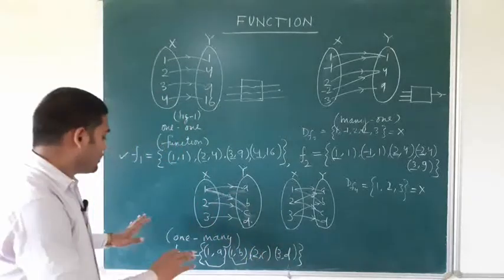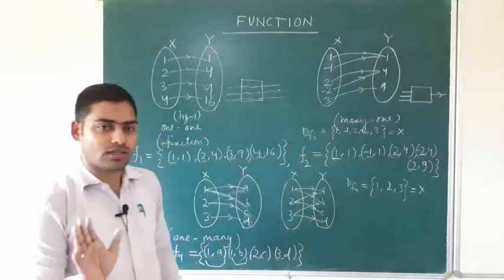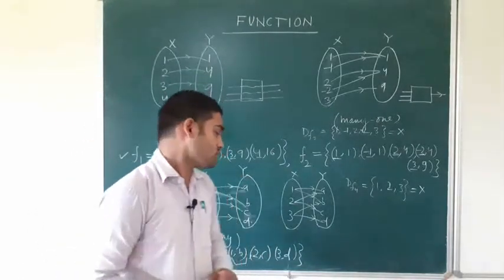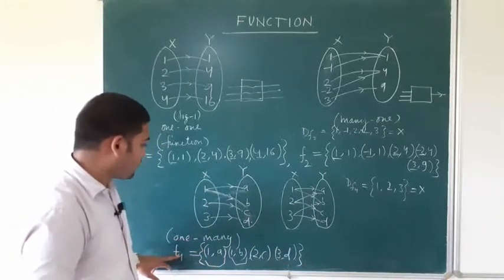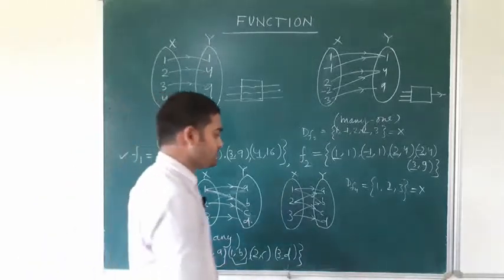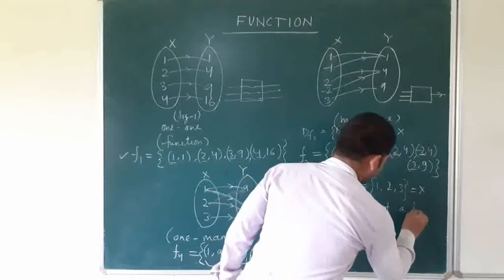Means one to many or many to many case does not exist. Okay? That means we cannot say F4 is a function. F4 is not a function.